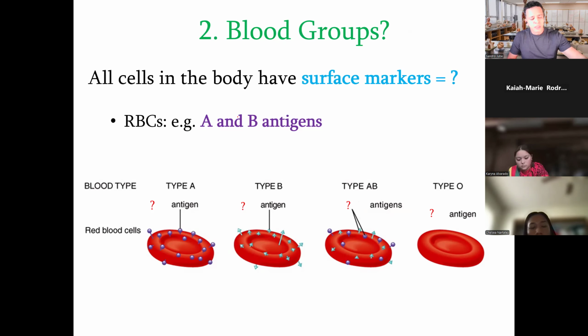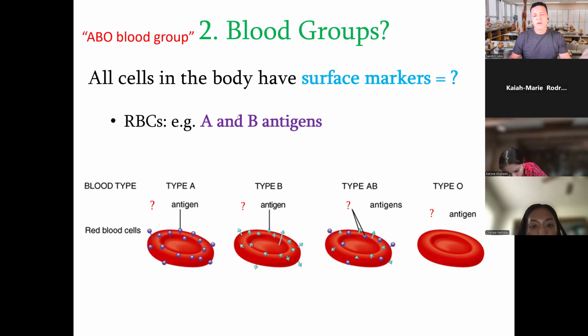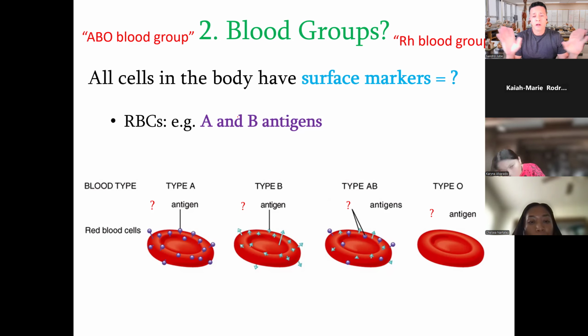there are two different blood group types that are relevant and important for humans, especially in the context of a blood transfusion. We have what we call the ABO blood group type, and we have what we call the Rh blood group type. First of all, they are independent from one another. Okay?